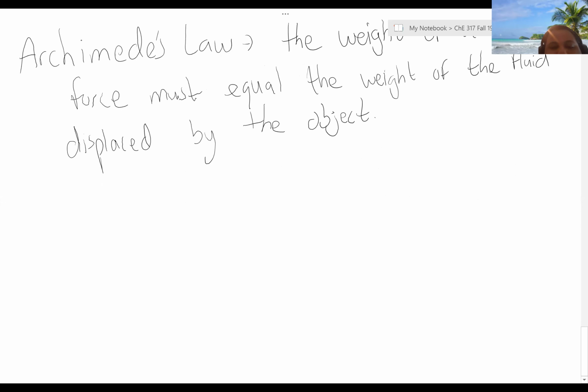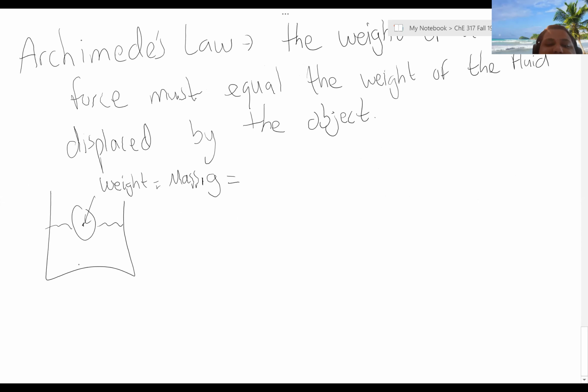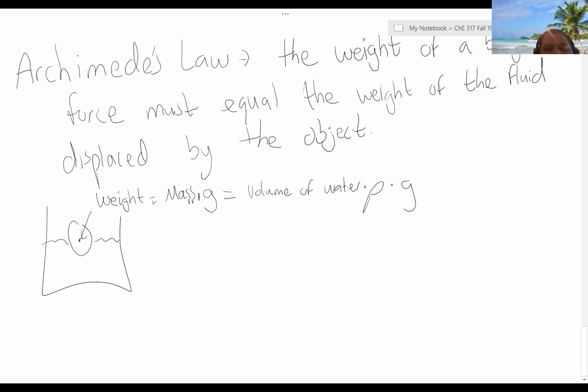What that means is if I have an object or this barrel and it's floating, the weight of that object, which is equal to its mass times gravity, must equal the weight of the fluid displaced by that object, which would equal the volume of water times its density times gravity for that object to float.